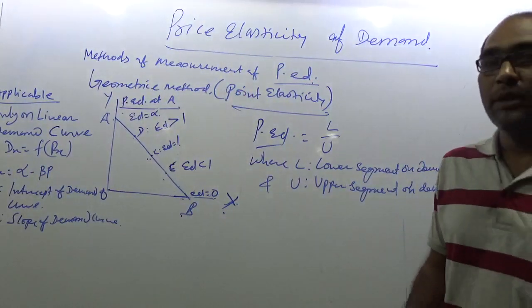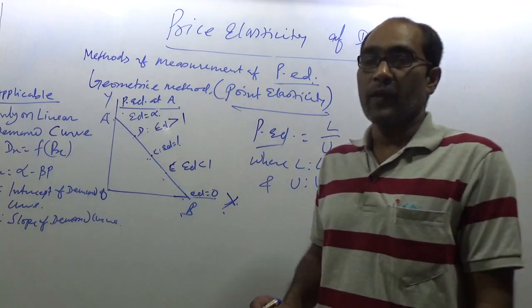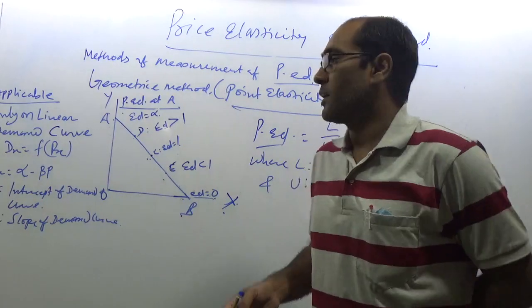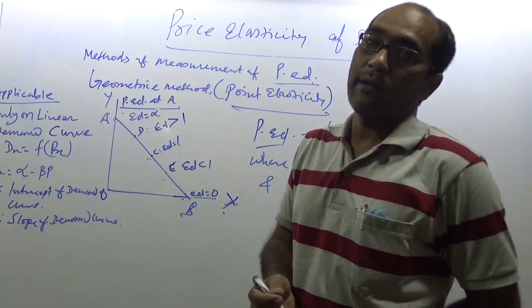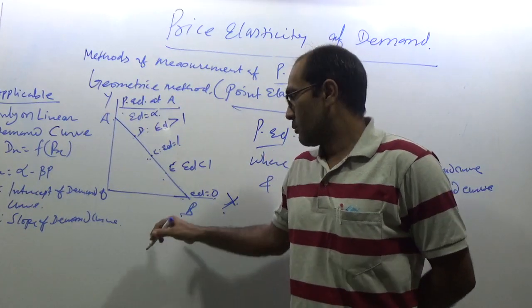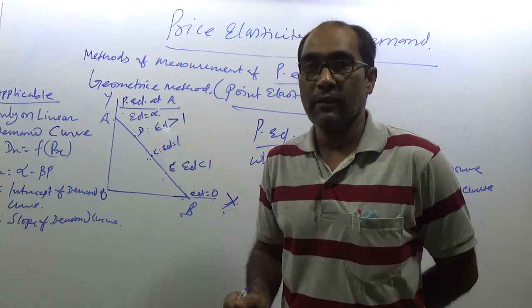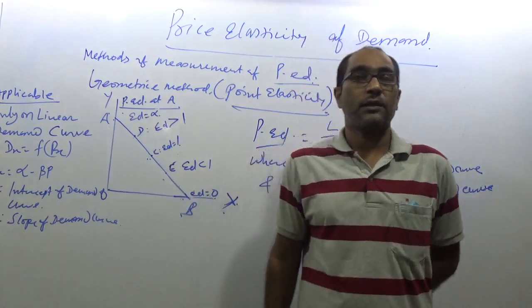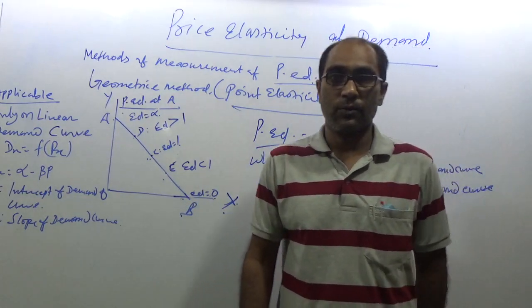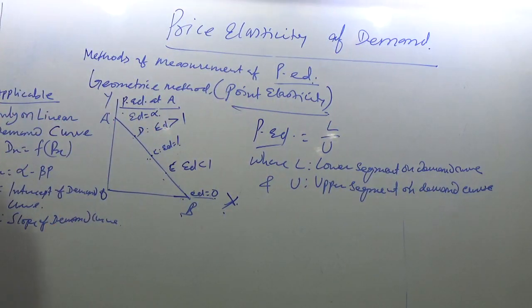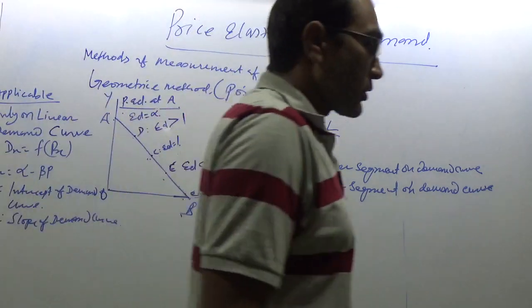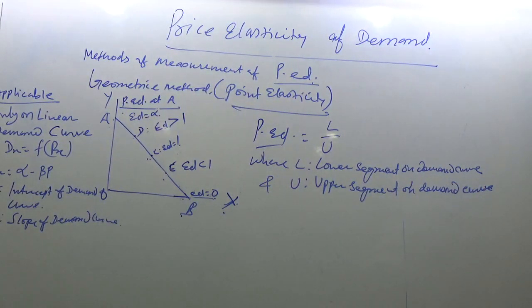At the middlemost point C, elasticity must be unity, at upper extreme point A, elasticity is infinite, but at lower extreme point B, elasticity is 0. So this is the process of calculation of ED by the diagrammatic approach.